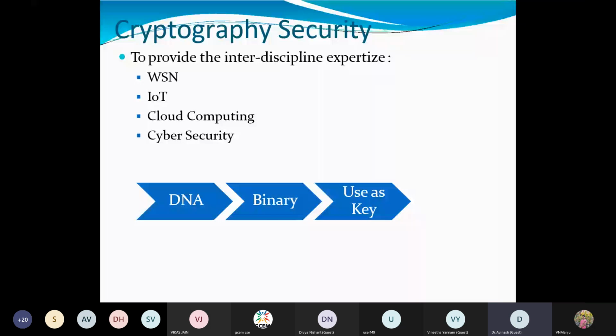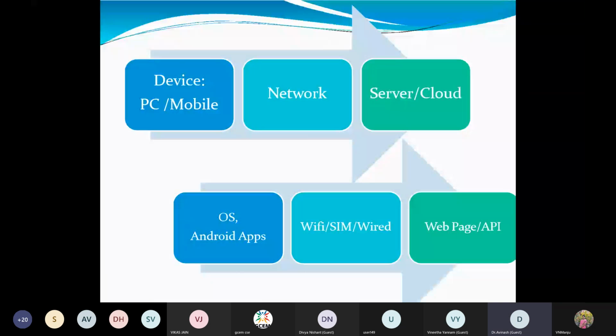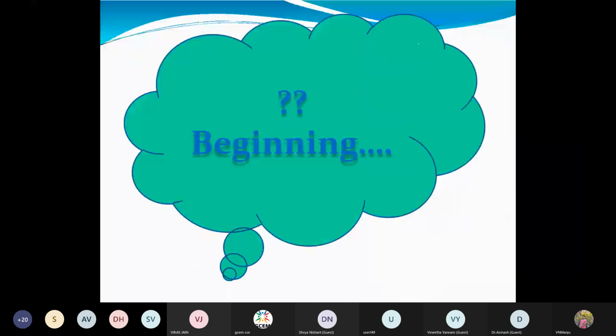So this is the DNA structure, and the different DNA structures which are there can be modified with the help of this. The devices which are operating here are the mobile devices, the servers, clouds, operating systems, like this.